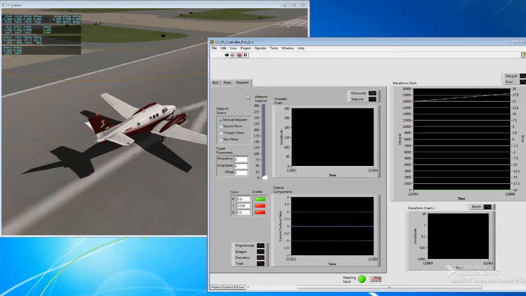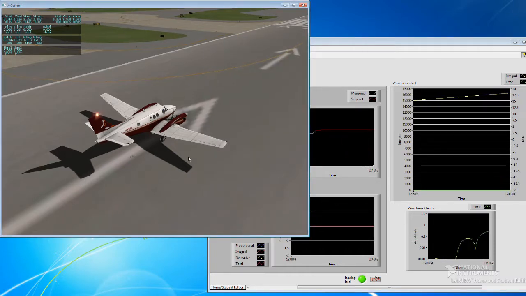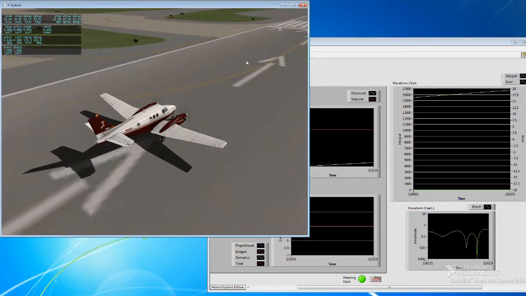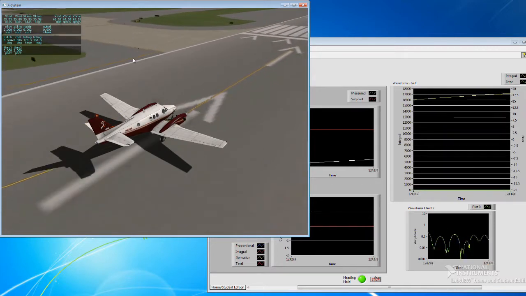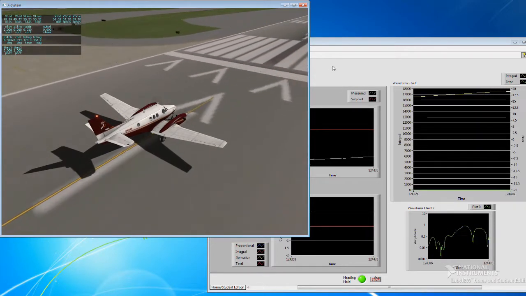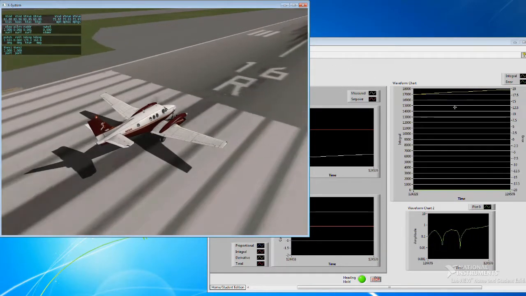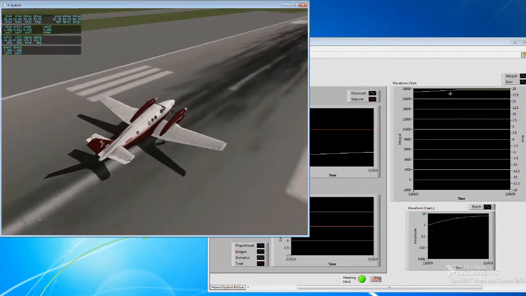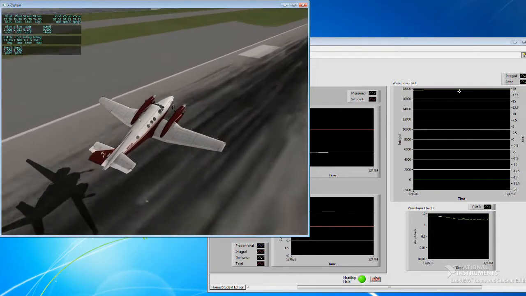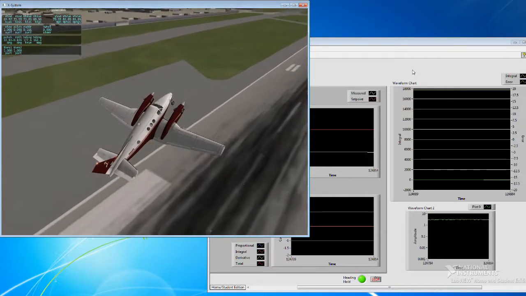So let's see what happens now. We add some speed, release brakes, elevator is at maximum deflection, and notice that our integral is going to continue to climb until our pitch is more than the 5 degrees that we set.